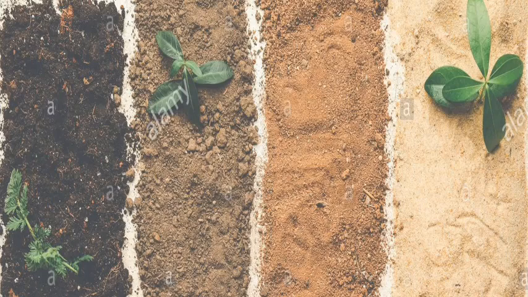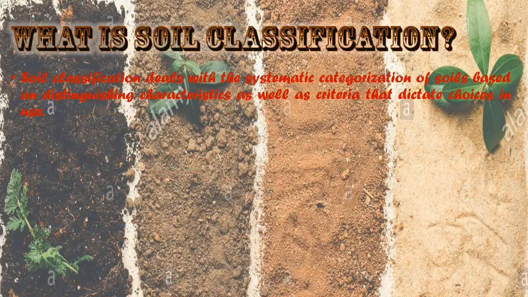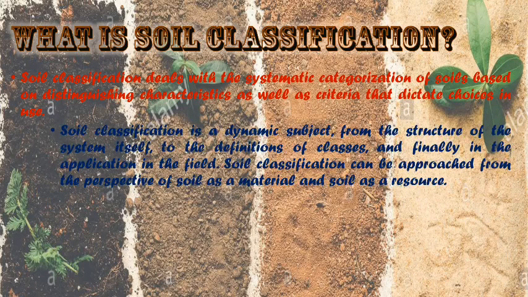Okay, now let's define what is soil classification. Soil classification deals with the systematic categorization of soil based on distinguishing characteristics as well as criteria that dictate choices in use. Another definition of soil classification: it is a dynamic subject from the structure of the system itself to the definition of classes, and finally, in the application in the field.